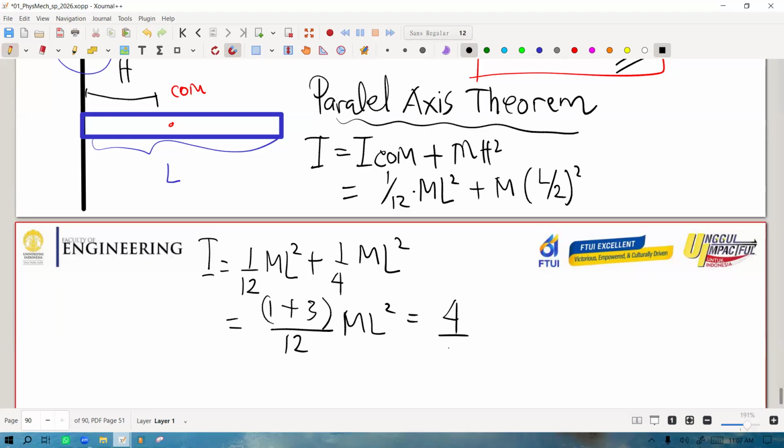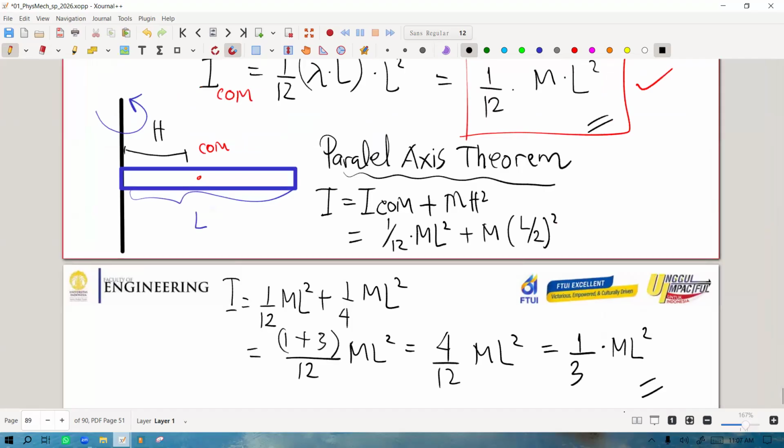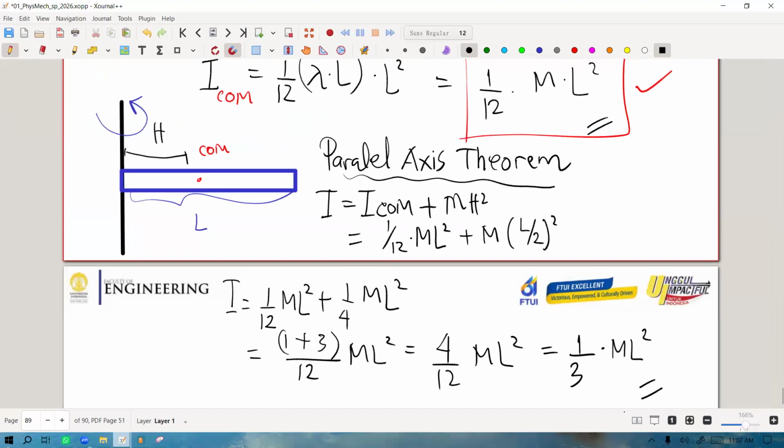So 4 divided by 12 m L squared becomes 1 over 3 m L squared. So 1 over 3 m L squared is the new inertia when we move the parallel axis, by using the parallel axis theorem.